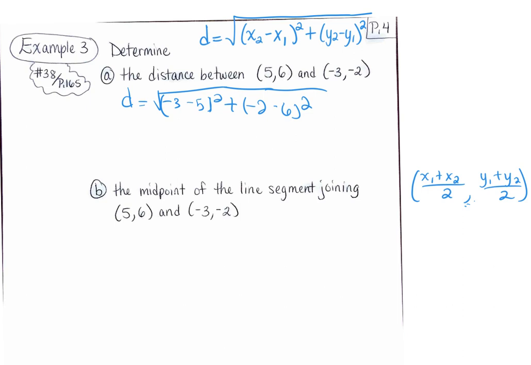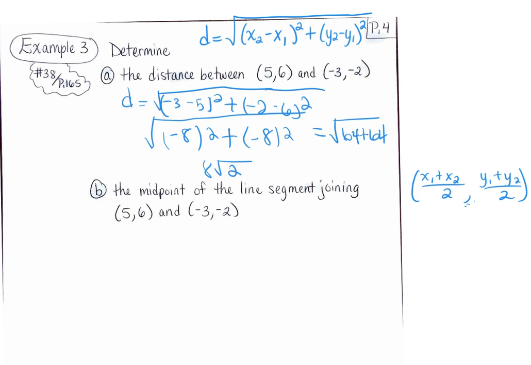I just added those. I brought them down before I squared them, so it was -8 squared plus -8 squared. Put the radical over that, and then I ended up squaring the 8, and I got 64 plus 64, and that gave me 8 square root of 2.